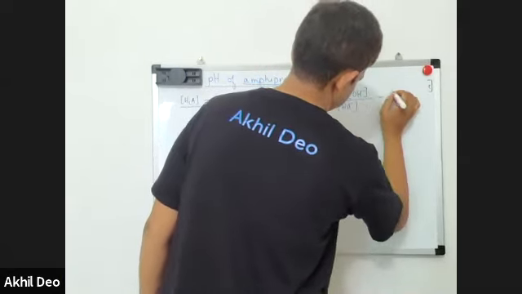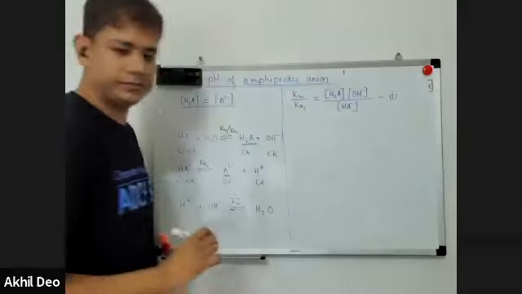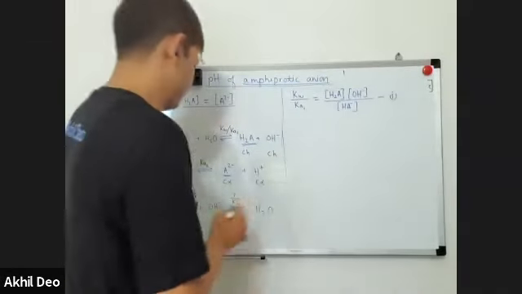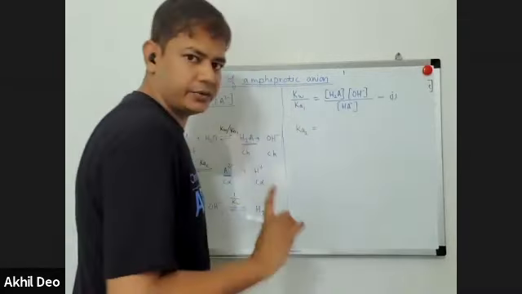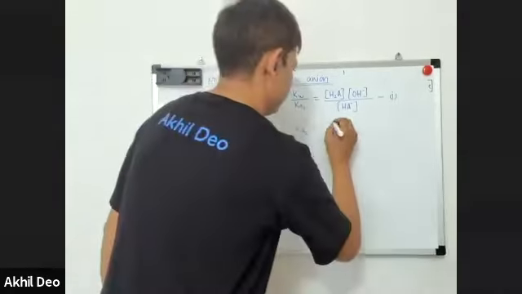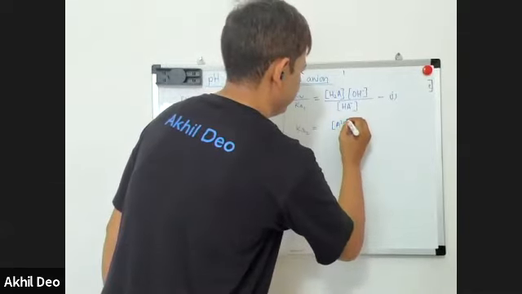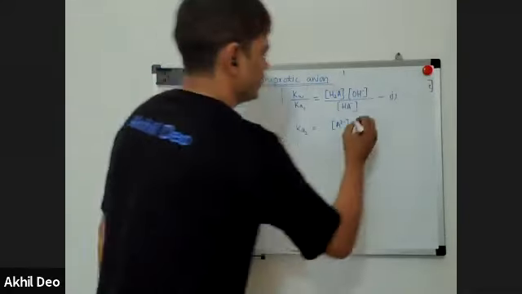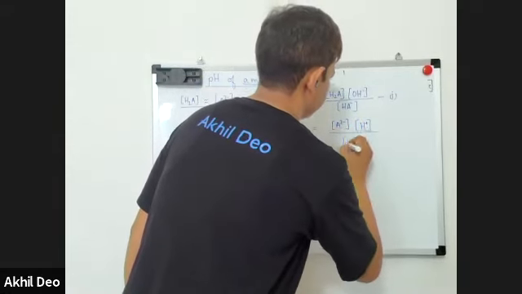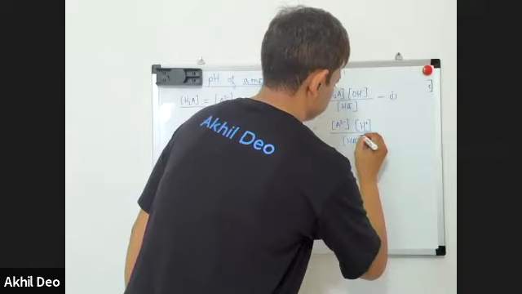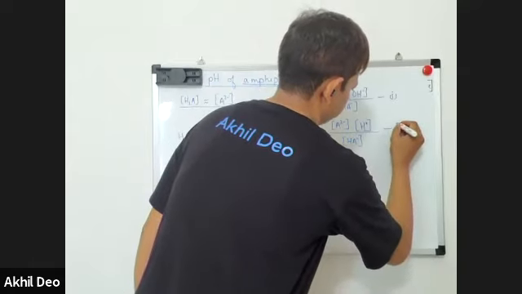Suppose we write this as equation 1. Now writing the expression for K2: K2 is equal to concentration of A2 minus into concentration of H plus upon concentration of HA minus. Suppose this is equation 2.